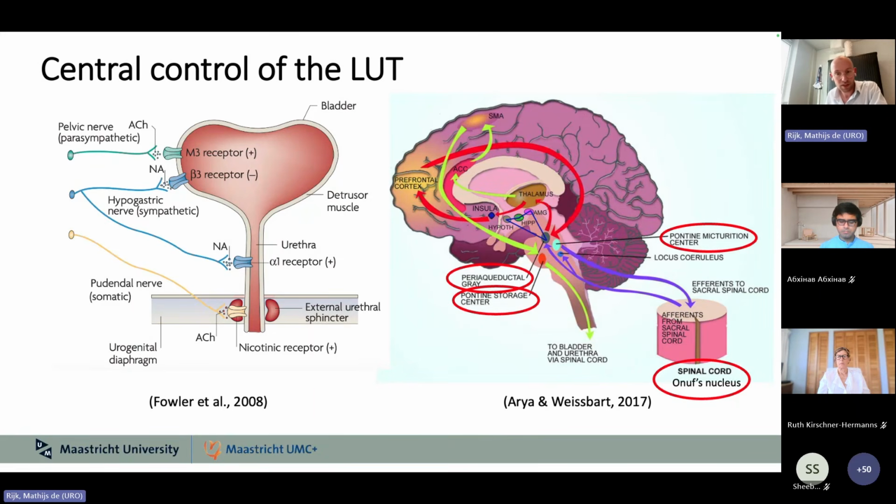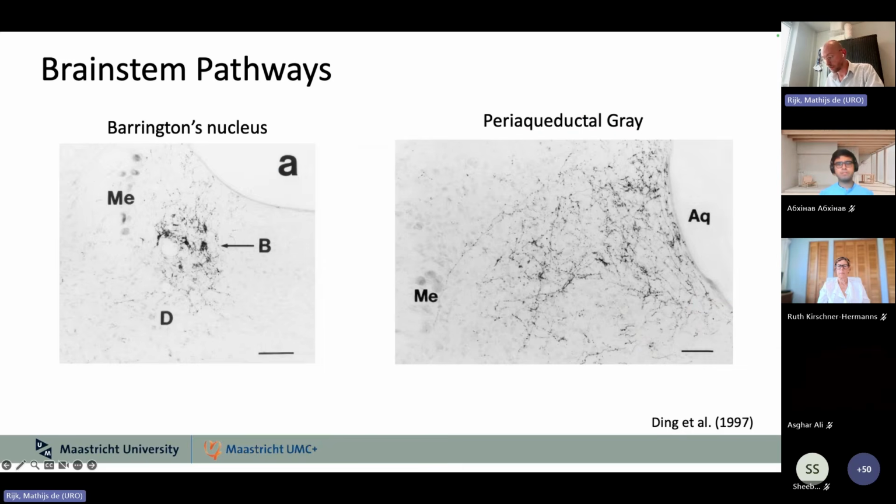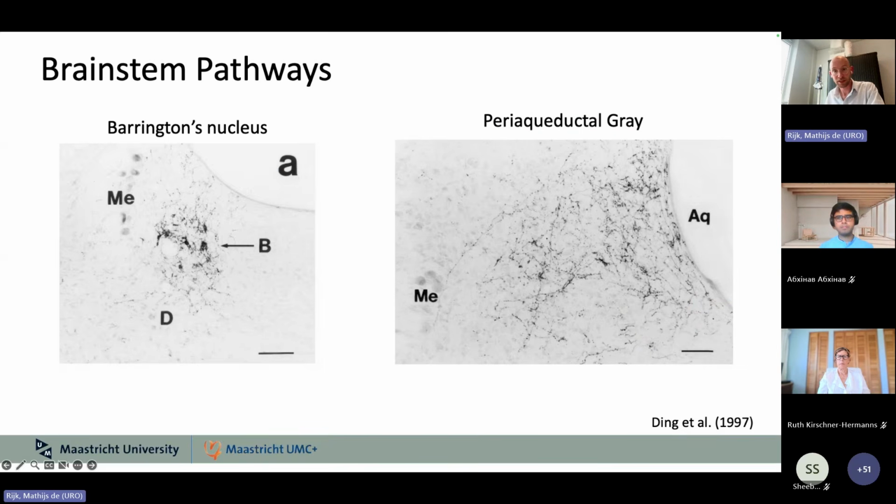I will go a little bit into a few studies that are underlying this model. And to start with, the arrival of the efferent information from the bladder in the brain. So this is from a tracing study, and this is done in rats.